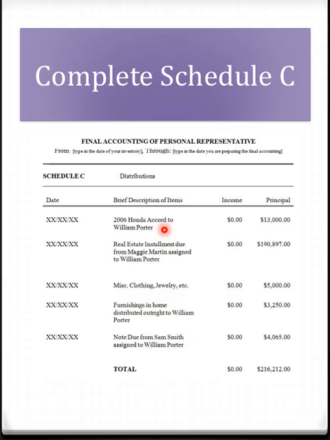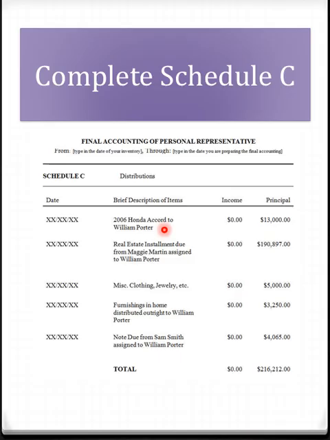Now, we have imagined that some of these items, as I pointed out earlier, have just been handed out to him. They've been given outright to Mr. Porter. And one of those items, the 2006 Honda Accord, was inventoried at $13,000, and so the date of the transaction where we gave it to Mr. Porter would be here.